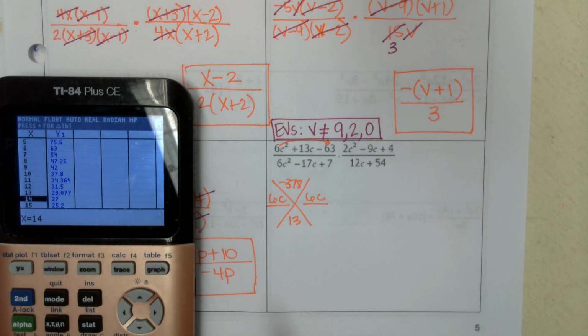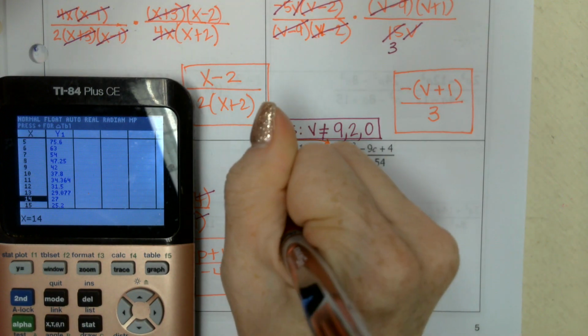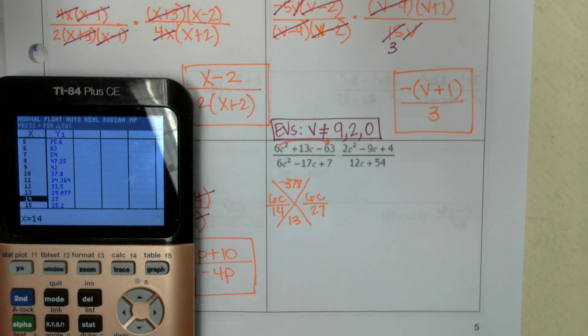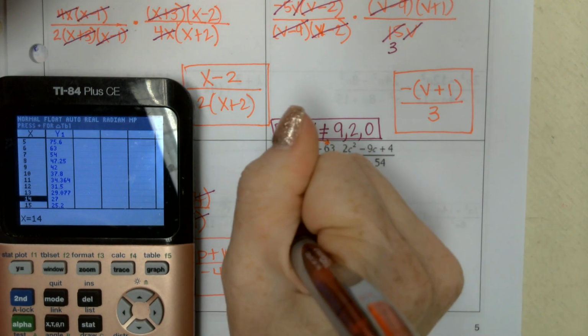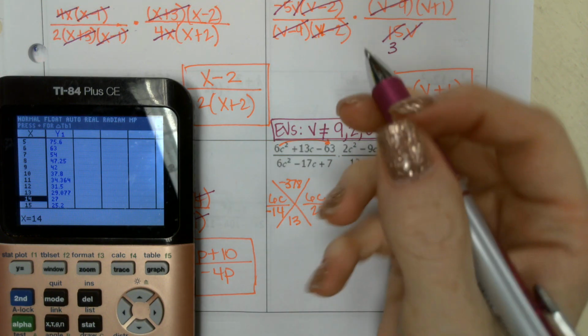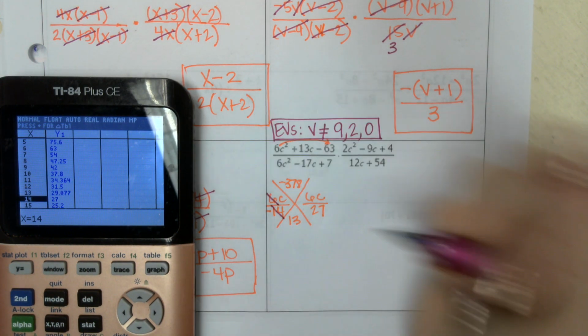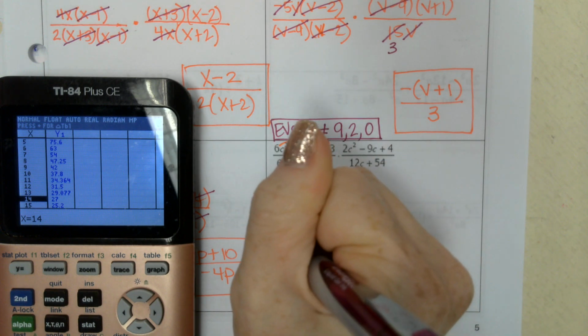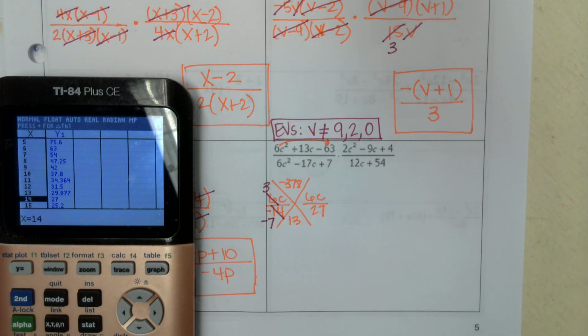Look at that. You got 14 and 27. Will that give me a 13? So I'm going to put 14 here. I'm going to put 27 there. Which one has to be negative? Perfect. Now, 6 and 14 have a common factor of 2. So that leaves me with 3 over negative 7.